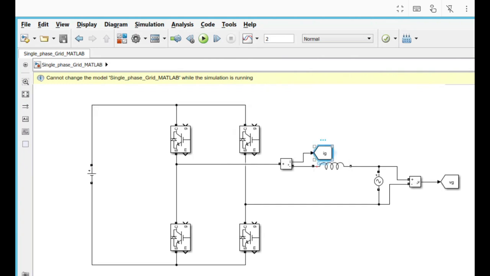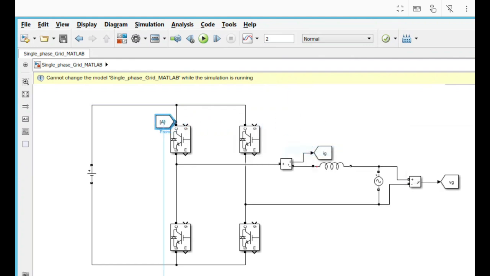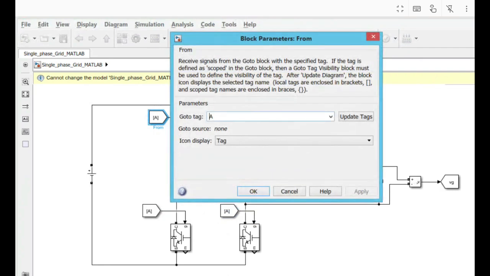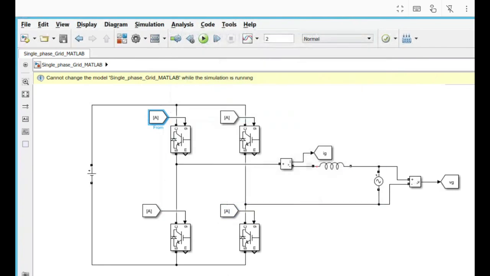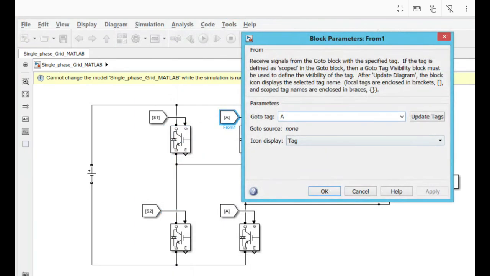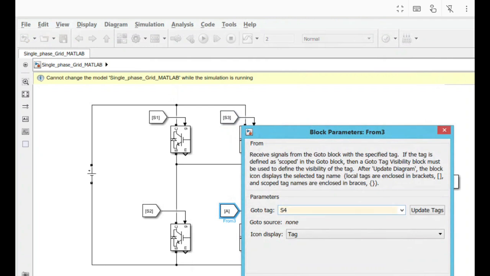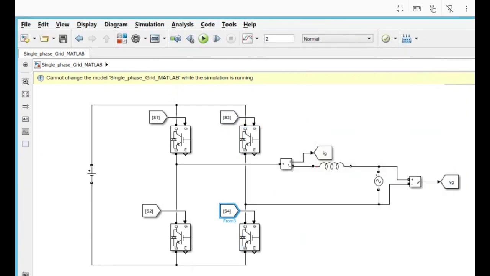So we will connect the From blocks, and we are giving them the names S1, S2, S3 and S4. Okay, so this is the complete power circuit.